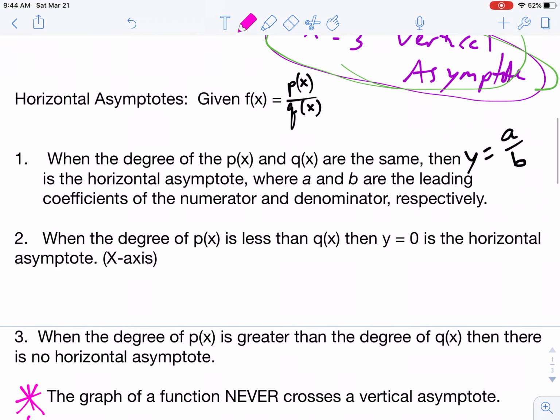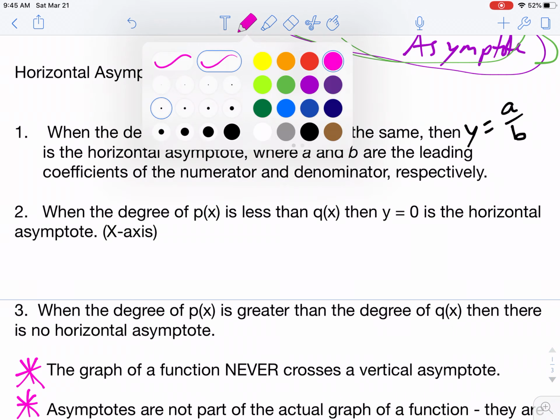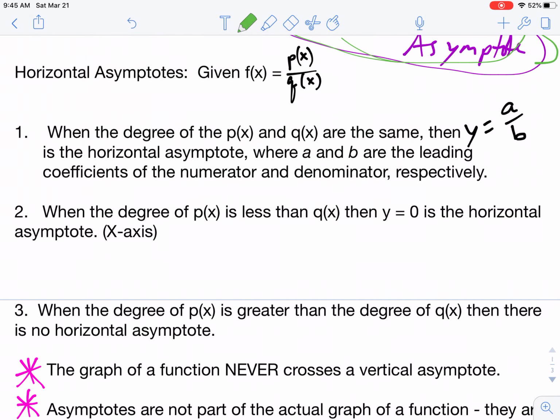The next set of rules is for horizontal asymptotes. So I'm giving you the same setup, a rational function, just like we had above. Got a polynomial on the numerator, polynomial on the denominator. Now, for horizontal asymptotes, there's essentially three different rules or categories. So the first type is when the degree of p of x and the degree of q of x are the same.